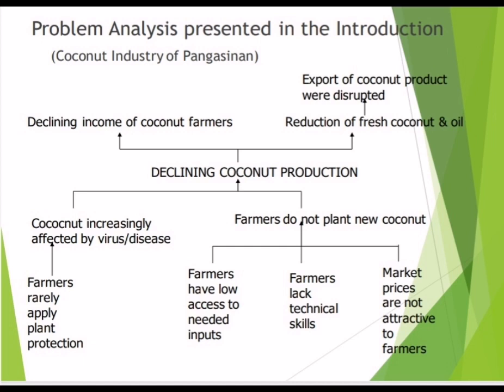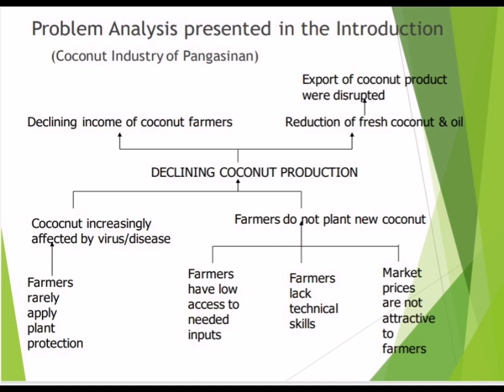So you can outline there the causes of the declining coconut production. Number one is that coconuts are increasingly affected by virus and disease. That's one of the causes of why coconut production is declining, because of the virus kadang.